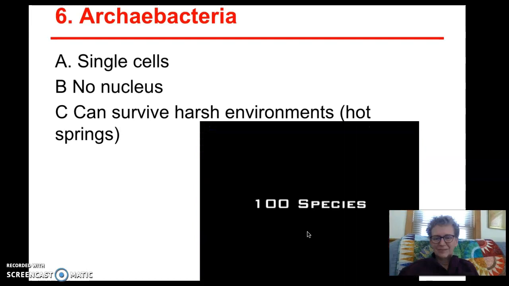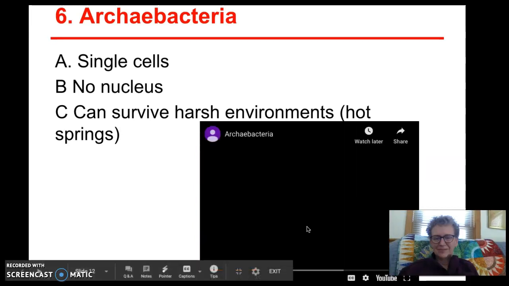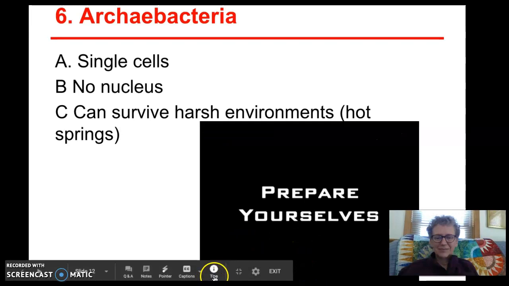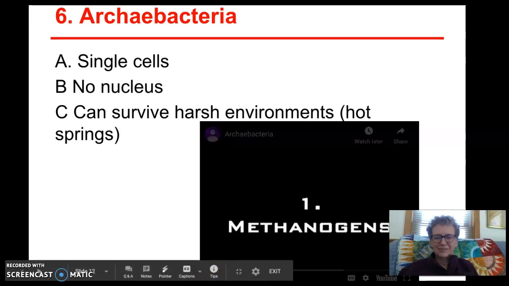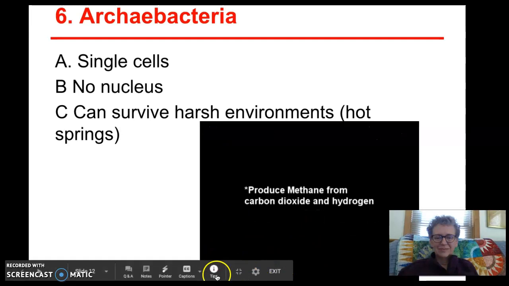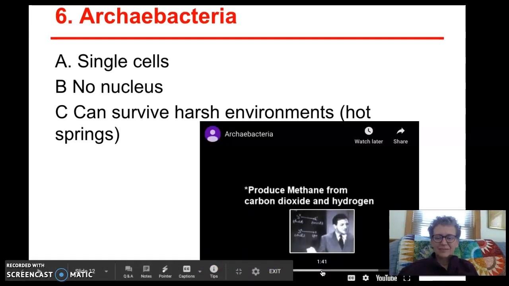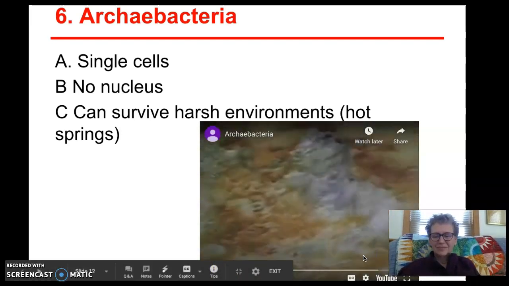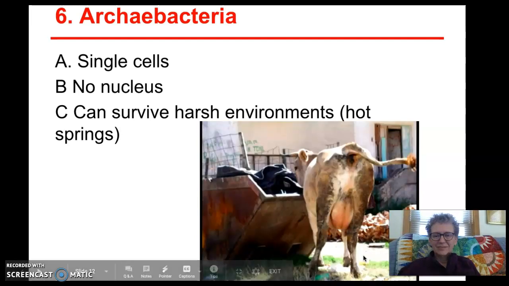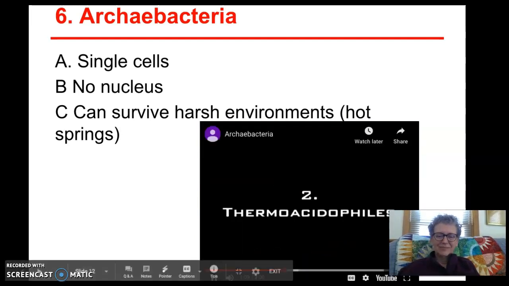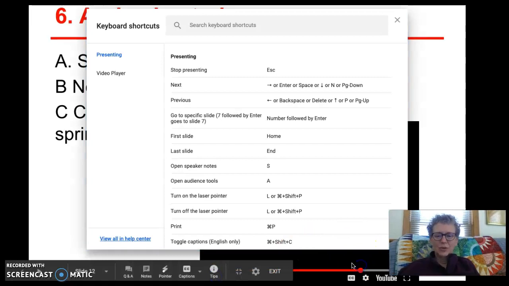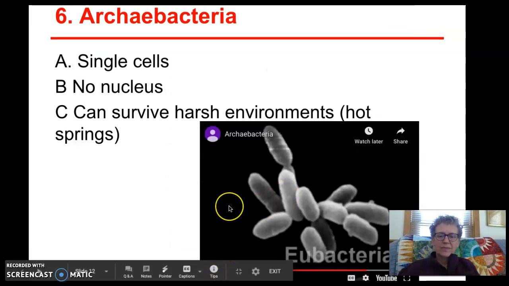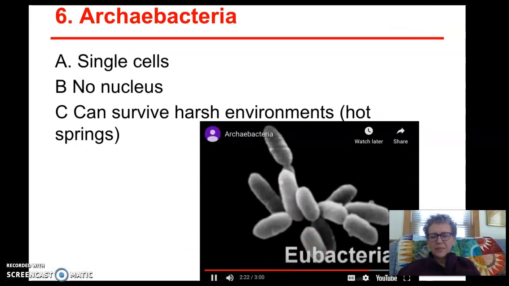There are about 100 species in the Archaebacteria kingdom. I will share 3 examples with you. Prepare yourselves. The methanogens. They produce methane from carbon dioxide and hydrogen. They die in the presence of oxygen and can be found in swamps and marshes. Thermoacidophiles. They usually grow in Yellowstone Park. Don't dare confuse it with Eubacteria, for it consists of different structures.